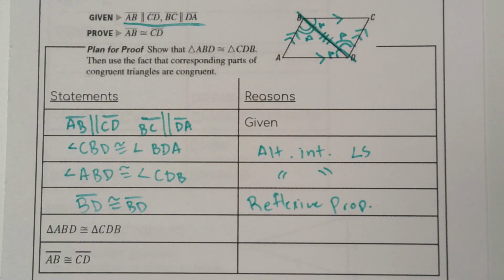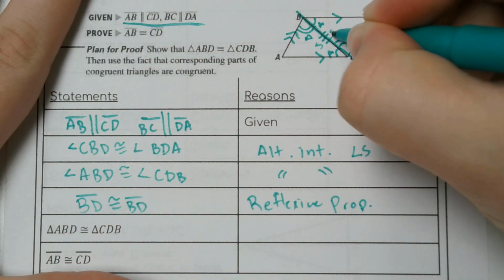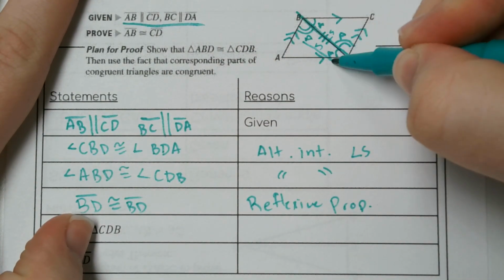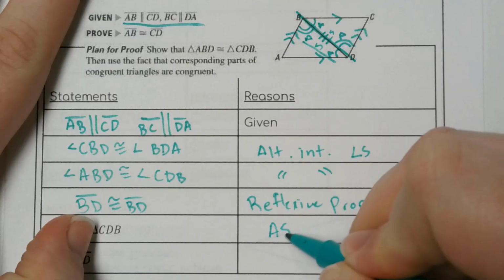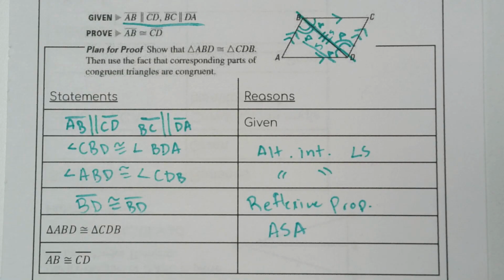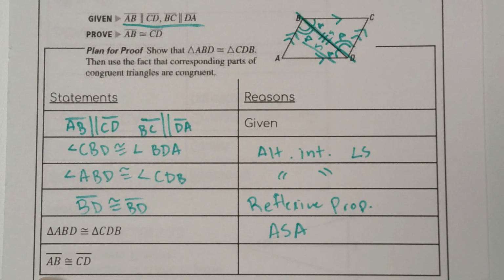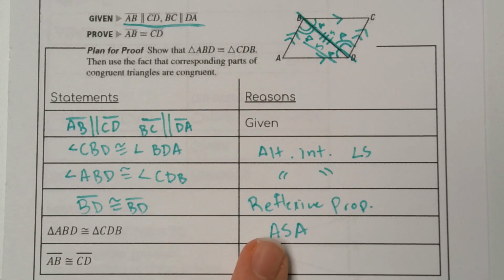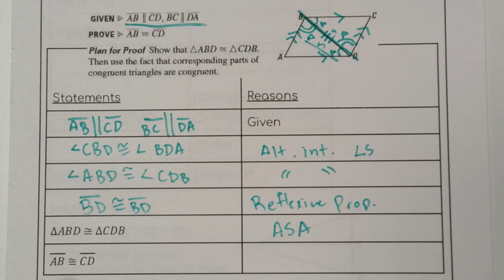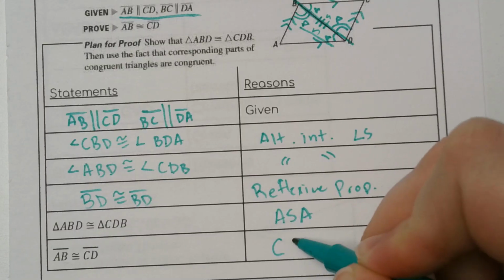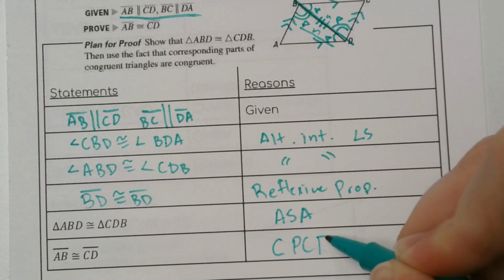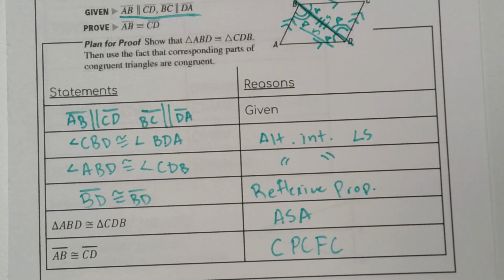Okay. So now we can say that these two triangles are congruent by ASA because it spells it out right there. Okay, and then this is our only new part. We can now say since our two triangles are congruent, that these two sides are congruent by CPCFC. Corresponding parts of congruent figures are congruent.